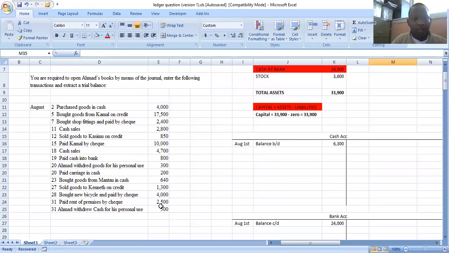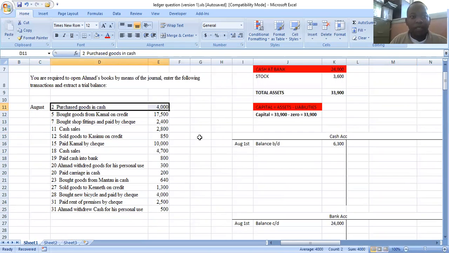Then we move downwards to the transactions. We post these transactions in the ledger. The first transaction, on August 2nd, purchased goods in cash, 4,000 shillings. Here, the two accounts being affected are the cash account and the purchases account. You already have the cash account.